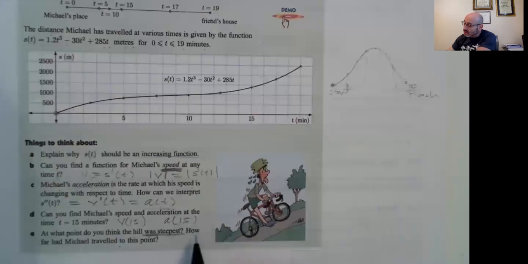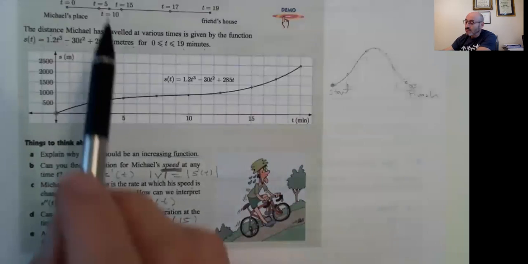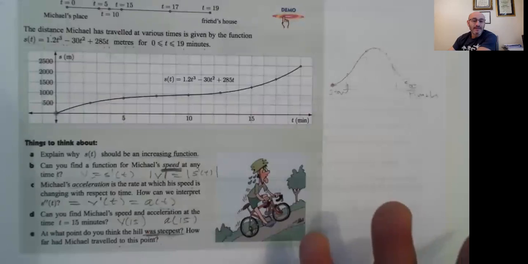So this question is talking about when the derivative is maximum, or when the derivative is the highest. That's what you will need to do there. And then what you're going to do is find the derivative, set it to 0, find that value, and use that value to answer the second question. How far has Michael traveled to this point? So you just plug that point into the actual function, and that's it, okay?